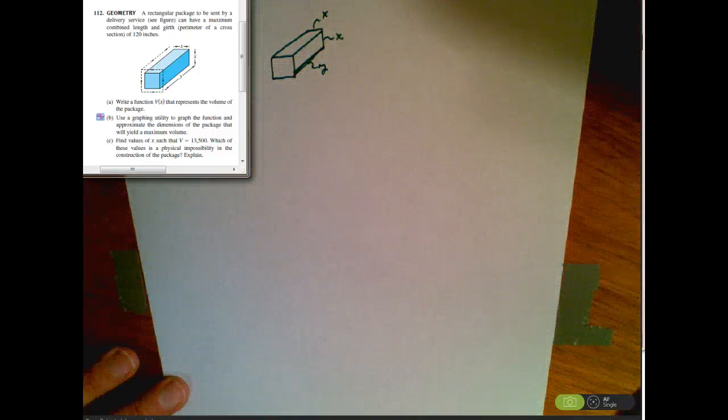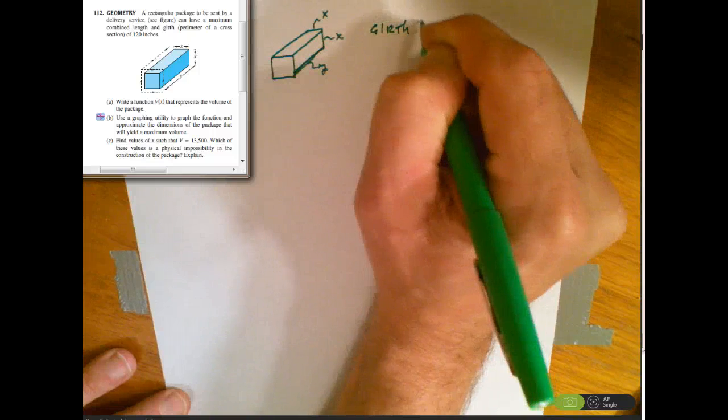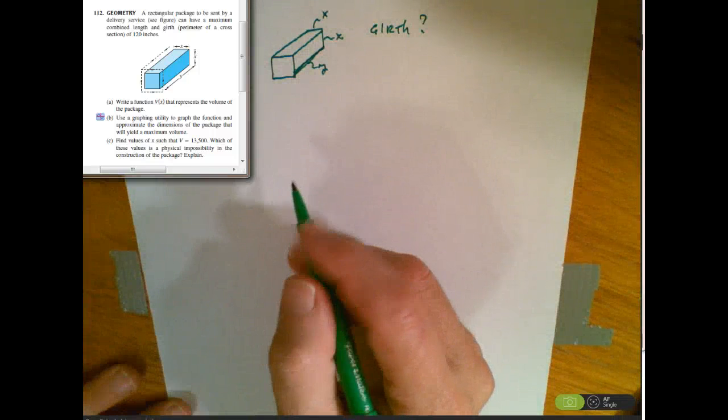So I'm going to assume, based on what I think they're looking for, the perimeter of a cross section. So I think it's going to be x plus x plus x plus x plus y. We're not sure about girth, but let's just see what happens.